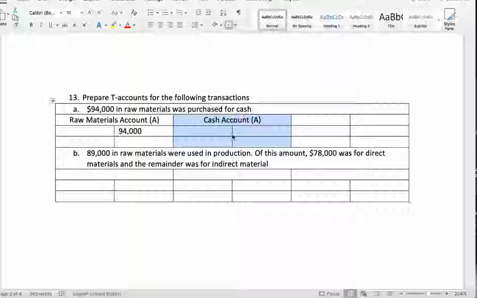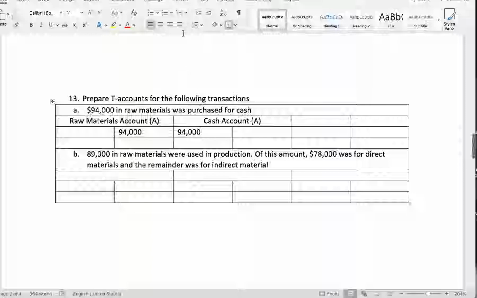Okay, so that's how we got the T. The left side is the debit side, right side's the credit side. Cash is an asset. Assets always increase with a debit, and they always decrease with a credit. So guess what I'm going to do? $94,000 credit entry to cash. And let's move it over so it looks a little bit more aesthetically pleasing.